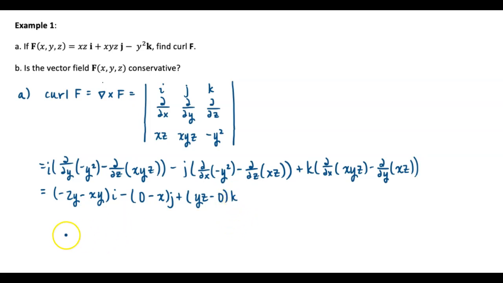And so finally, we can rewrite this as the curl of f is equal to the quantity negative 2y minus xy i minus a negative x j, so plus x j, plus yz k. And so this is our curl.